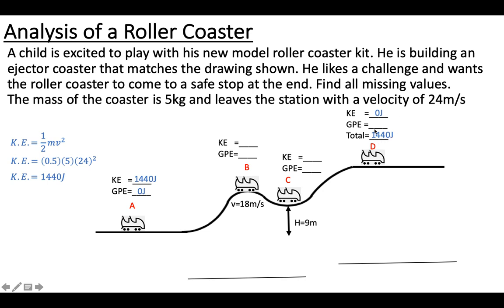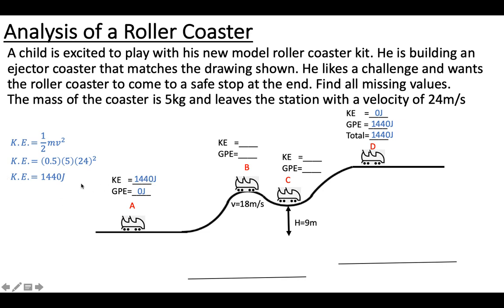But at the end, we have one more blank that we can fill in really easy here, because at the end, if we're not moving and KE is 0, well, that means PE, the potential energy, is the same thing as the total, 1,440. And so there you go. Just one equation, and we have been able to fill in 5 blanks already just from one equation. And we didn't even need the equation for the zeros. We only really needed it for the 1,440.